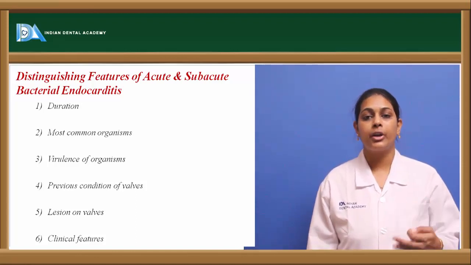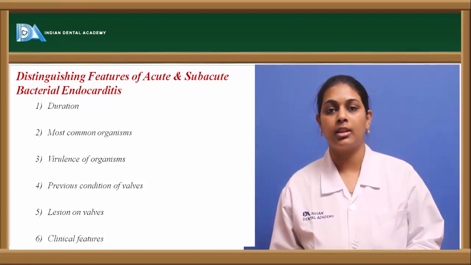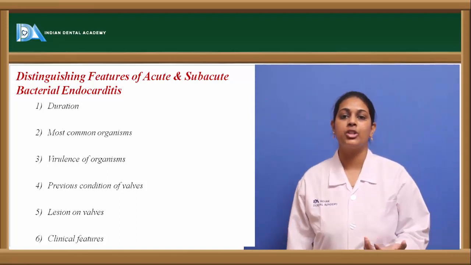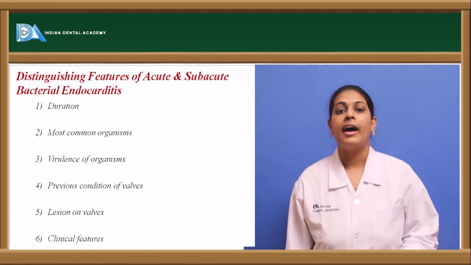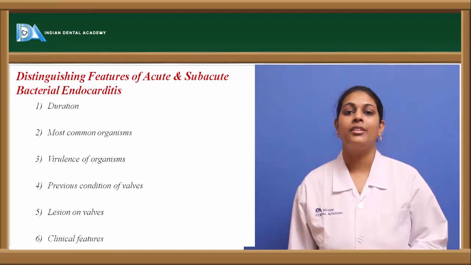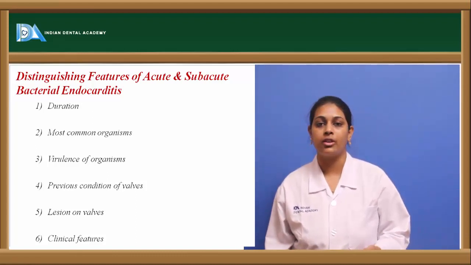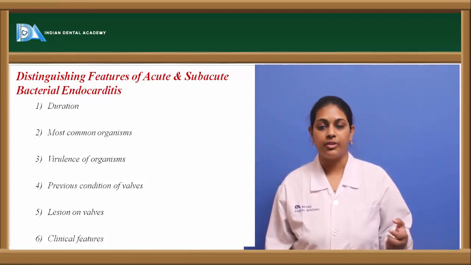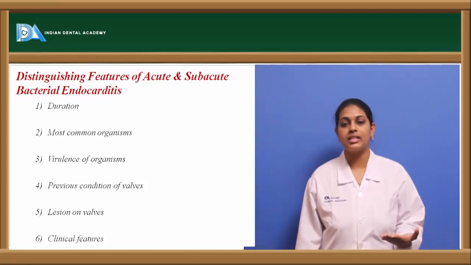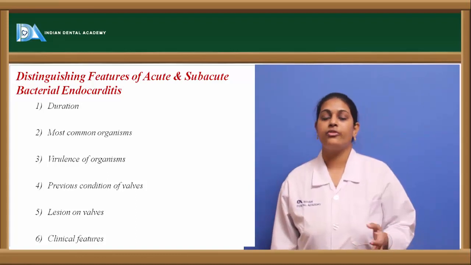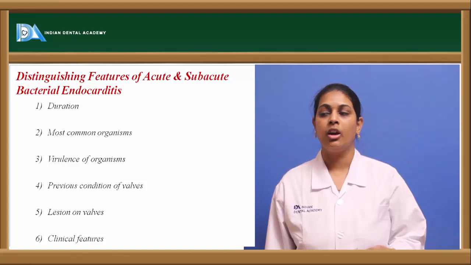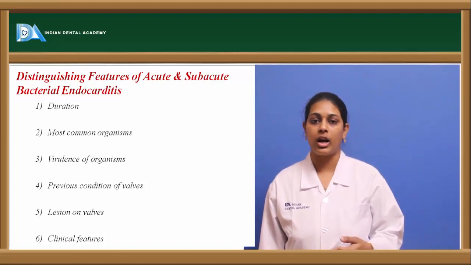Whereas in subacute bacterial endocarditis, the patient can be observed with splenomegaly as well as clubbing of the fingers and the presence of petechiae, which are blood marks on the skin because of blood draining into the tissues. So these are certain distinguishing features between acute and subacute bacterial endocarditis.